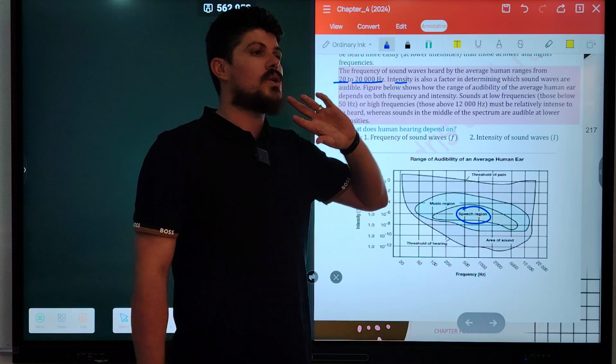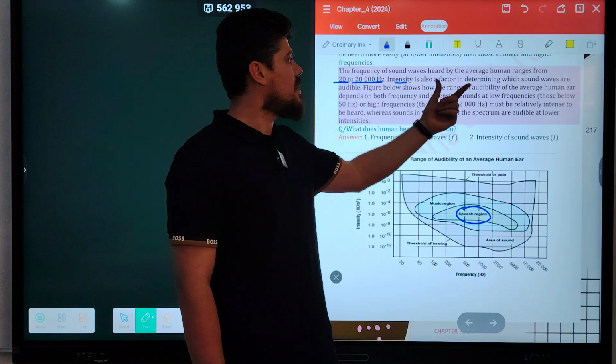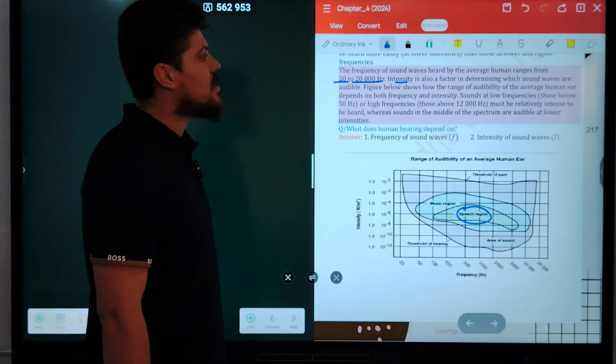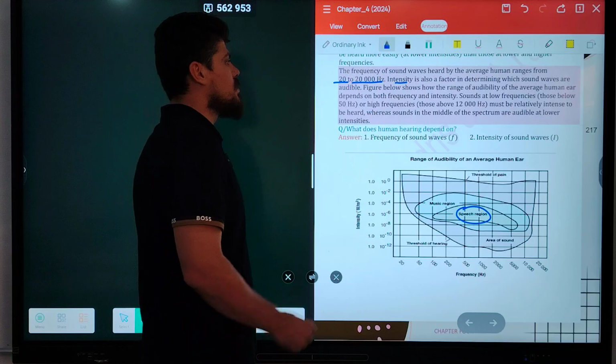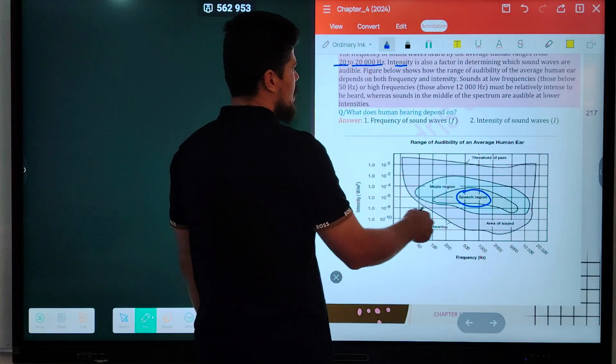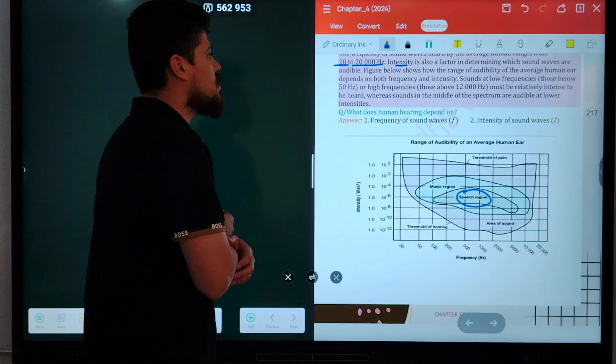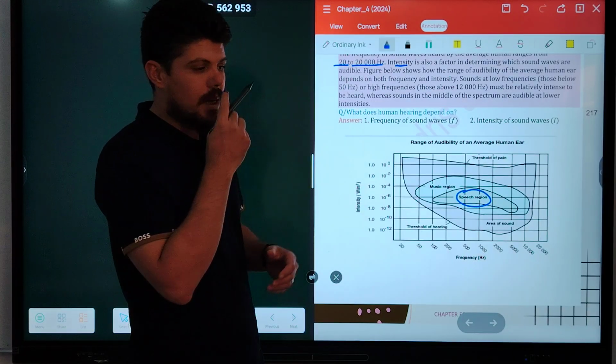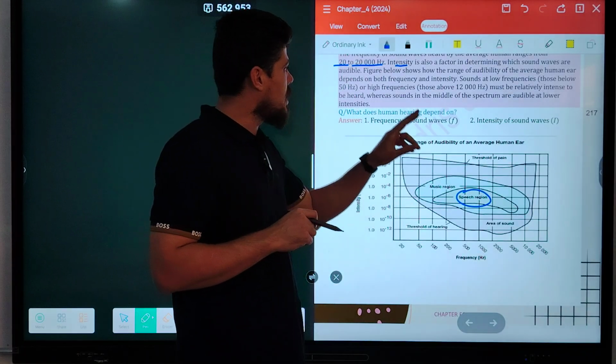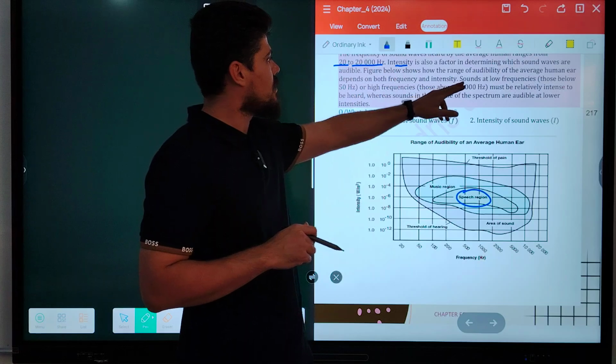So intensity also has a factor in determining which sound waves are audible. The figure below shows how the range of audibility of the average human ear depends on both the frequency and the intensity of the sound wave.